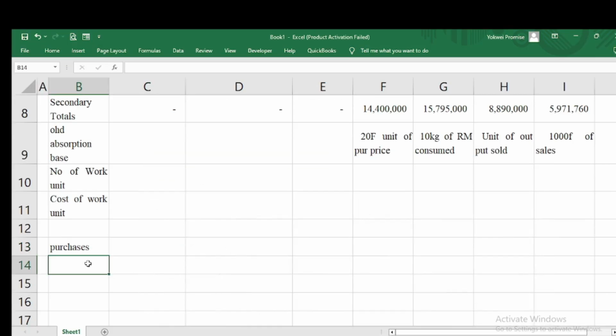So we have 3,800, and raw material 2, we have 4,200.